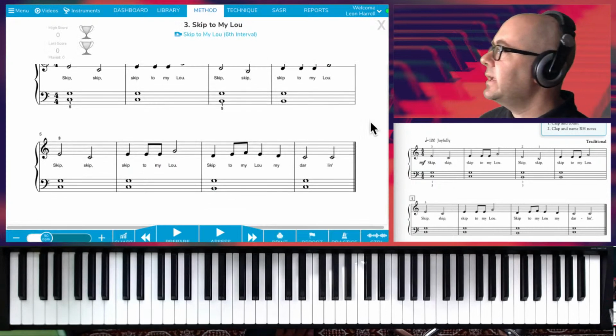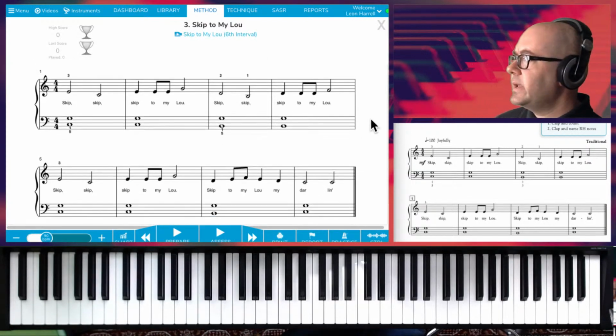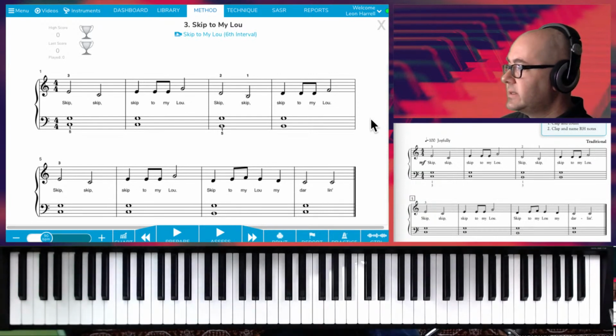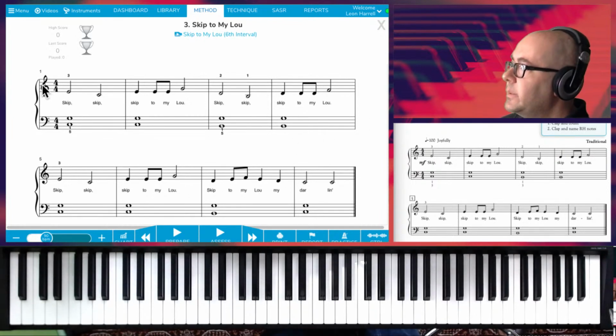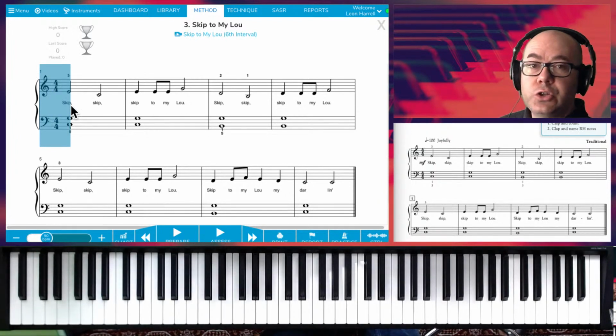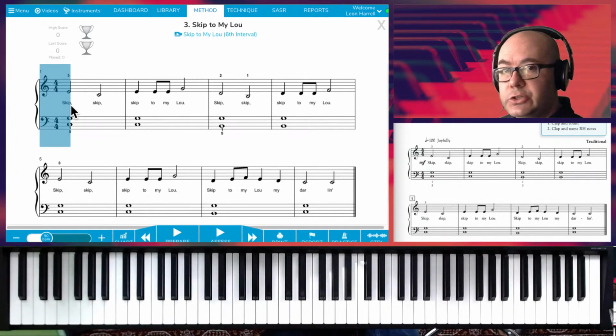Okay, so just looking at this piece a little bit longer, let's see if we can identify where is that interval of the sixth. All right, and what can we know about the scale of C major? So one thing jumps out to me right away. In the beginning of the music, there's no key signature. We don't see any sharps or flats at the beginning of the piece.